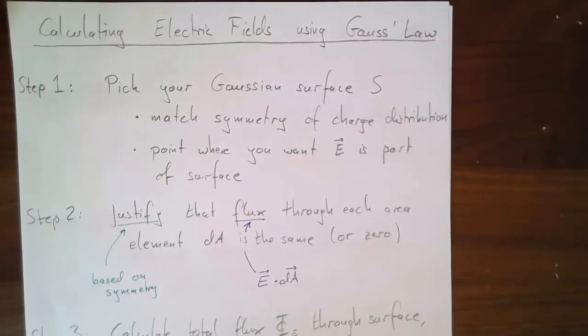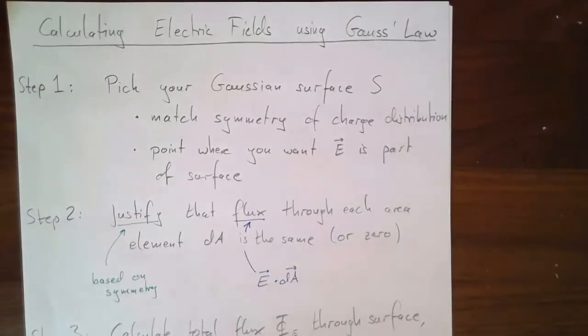So suppose your task is to find the electric field, and you're given some kind of setup of charges. It could be there's a point charge here. It could be you've got a really long line of charges, like a long cable of charges. It could be that you've got a hollow sphere and the surface of the sphere is charged. You could have a large sheet of charges, or maybe a large sheet that's positively charged and on top of it a large sheet that's negatively charged.